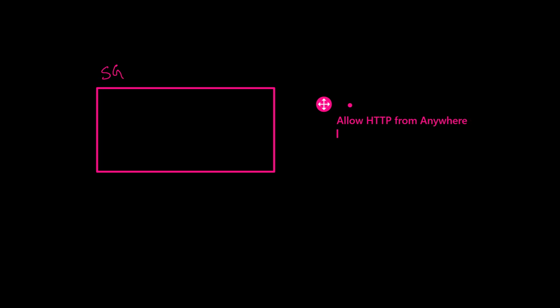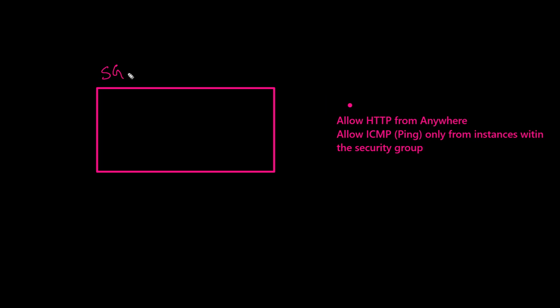Done. And I also want to allow ICMP, which is your ping request. This ping request uses the ICMP protocol. That protocol is what we want to allow, but only from instances within the security group.